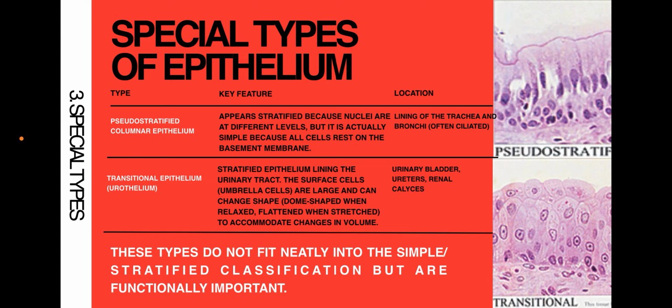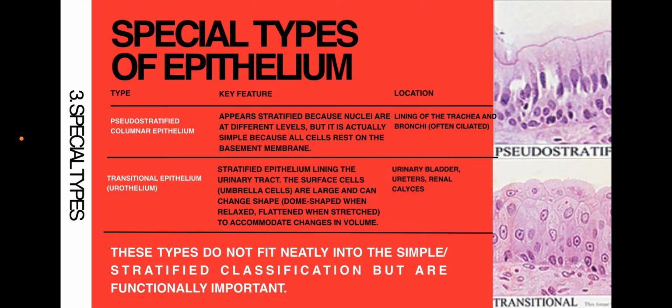So in some references you may find these two categories included in the main two that we have mentioned, the lining and the glandular. You may find that, but it's okay. So now, just for clarification, they are separated and called special types of epithelium.